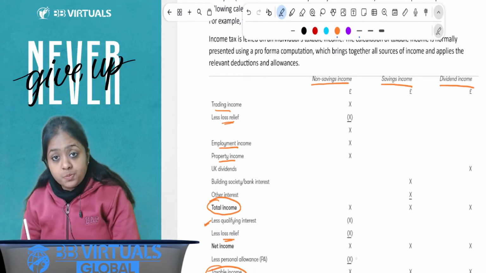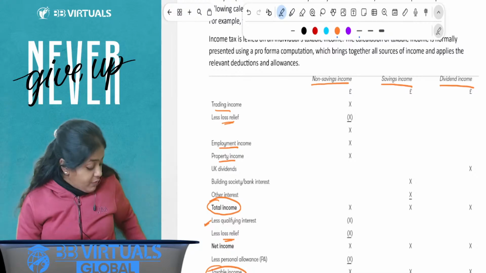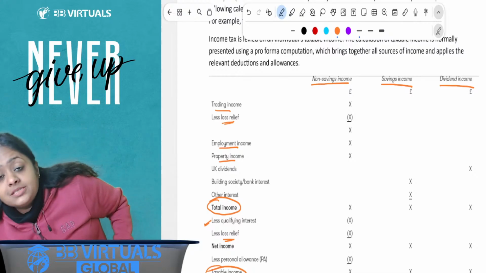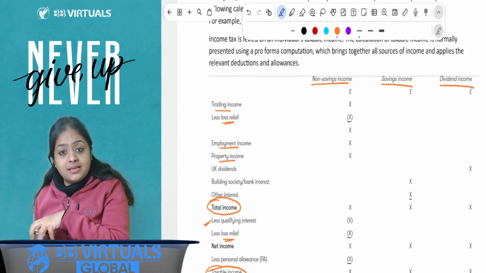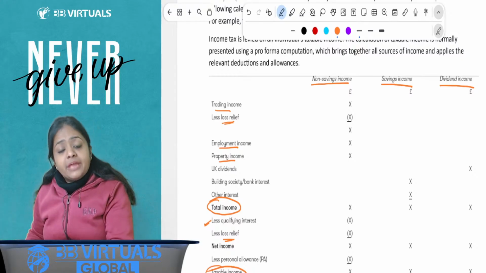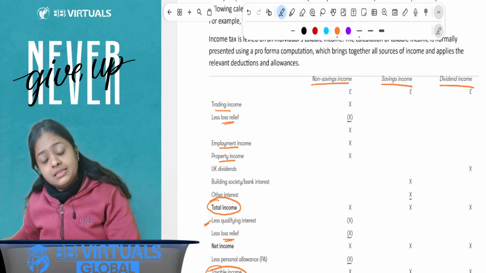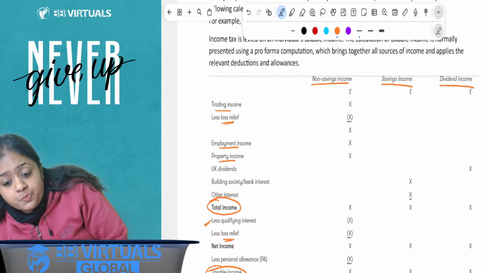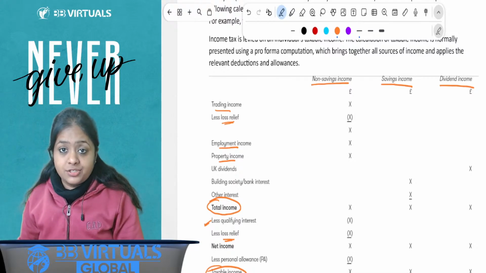Finally, that reduced PA will be deducted from the net income. Now, when we reduce PA, it is always done in the sequence that first PA is reduced from the non-savings income, then from your savings income, and then from dividend income. All this we covered yesterday in the class. I'm just recapping what we covered in yesterday's session.